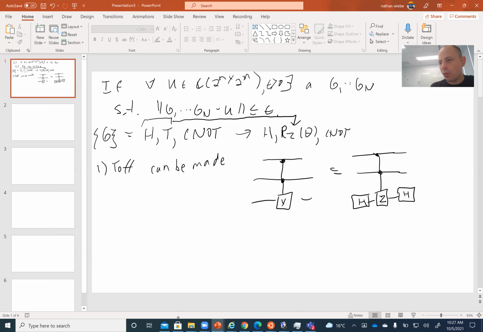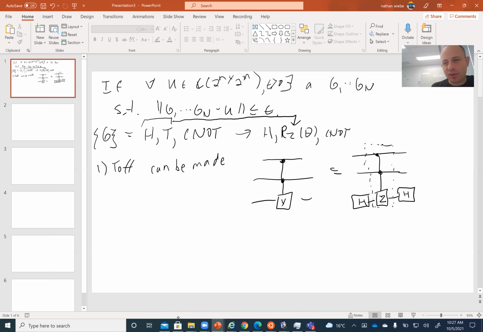So now we have this particular transformation. And so we're going to want to build a controlled Z gate, because you can see that if we can build a controlled Z gate, then we just have to do a Hadamard transformation in order to transform back.